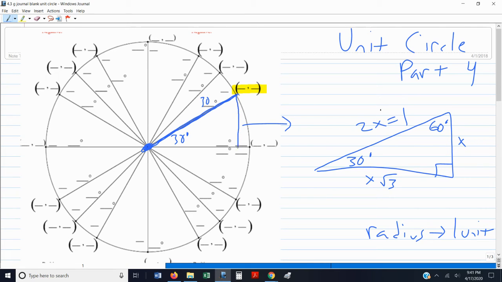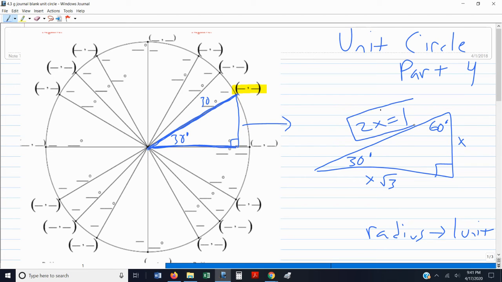I'm thinking about why this one is not 1. It's because I'm not going all the way to the edge. When I form that triangle, that side is stopping right here. It's before the end of the circle. So the hypotenuse from the center to the edge of the circle, that is the radius that is part of the triangle, and that's equal to 1.